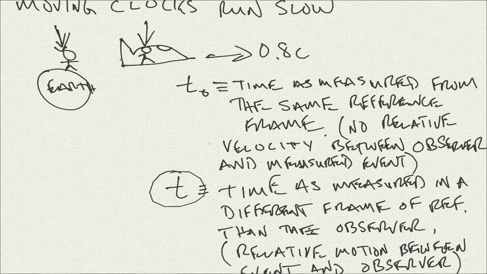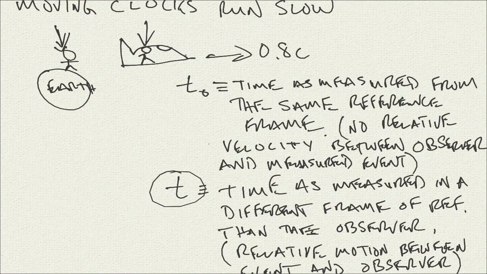Because it's a mirror effect for each person. People in different frames of reference are going to observe the same thing of each other. The person on Earth will say that the clocks on the spaceship are running slowly, and the person on the spaceship will say that the clocks on Earth are running slowly. Why? Because there's relative motion between them.